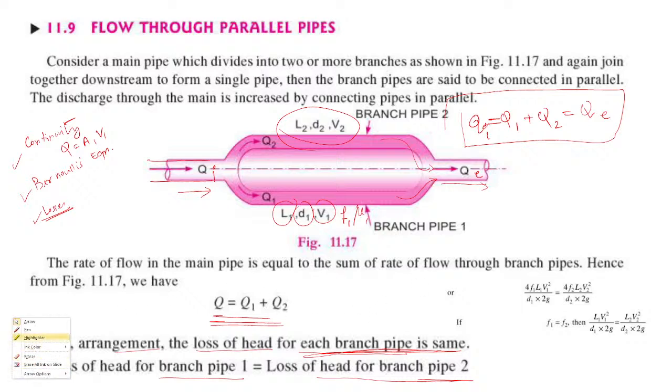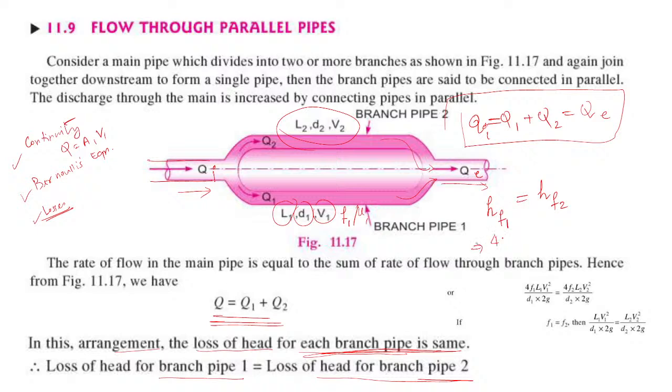Now in this kind of condition, if we are ignoring the minor losses and only considering the major losses, I can write hf1 has to be hf2.